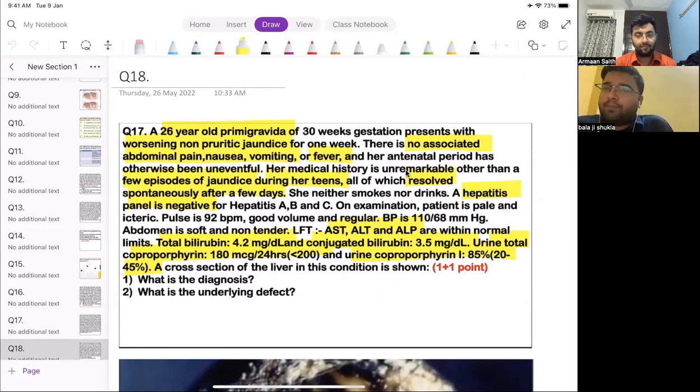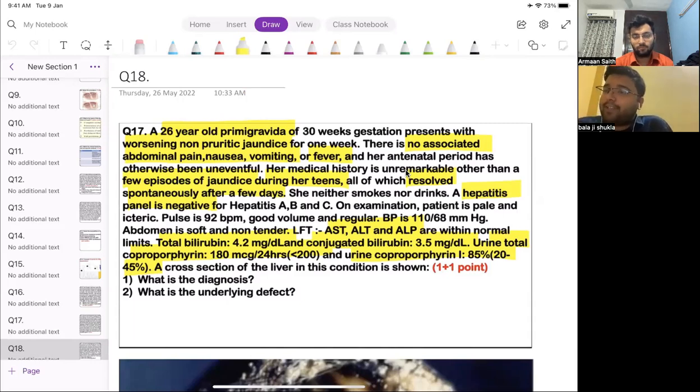There is no medical history except a few episodes of jaundice in her teenage years, which resolved spontaneously without treatment. On testing, the hepatitis panel is normal, LFT profile is normal, and the total bilirubin is 4.2 mg% with conjugated bilirubin of 3.5 mg%, suggesting a direct increase in bilirubin.